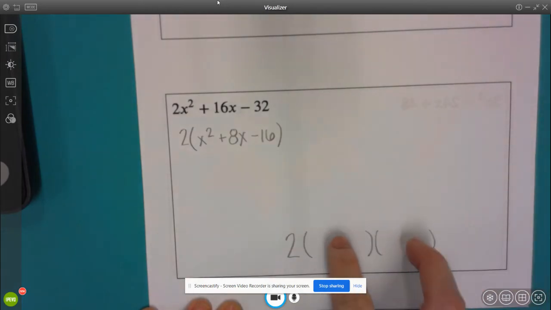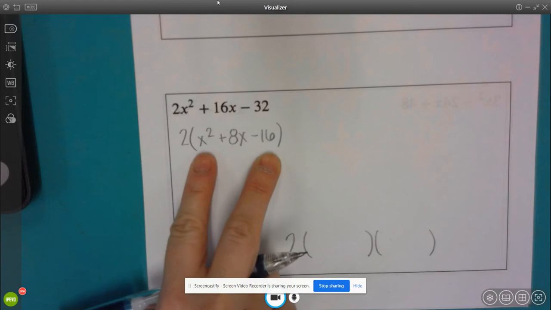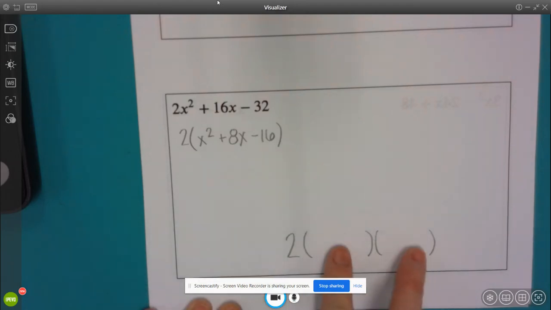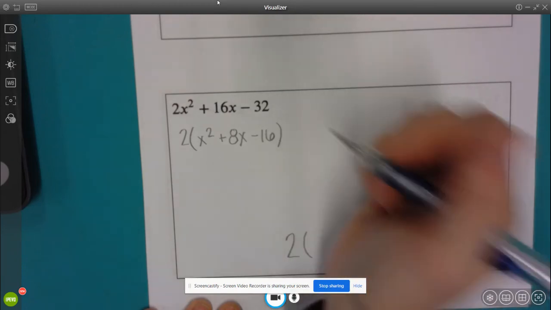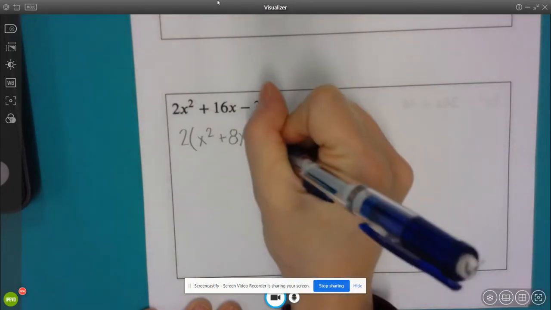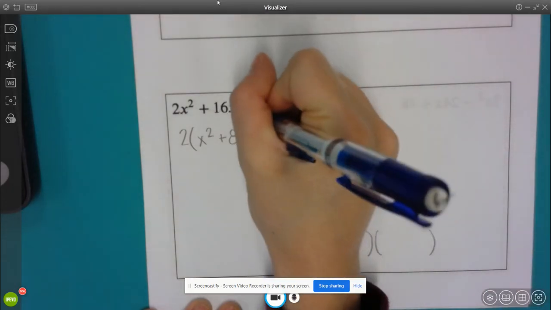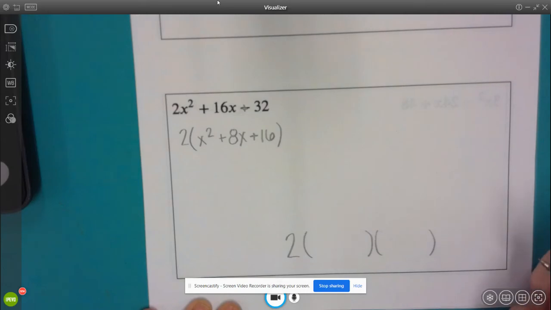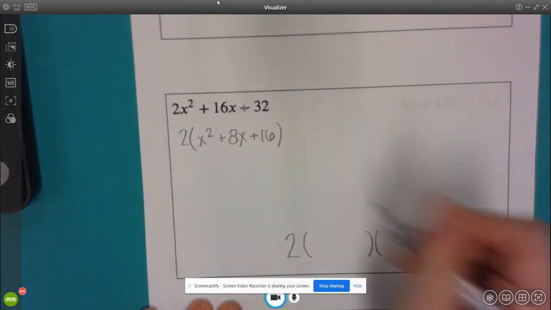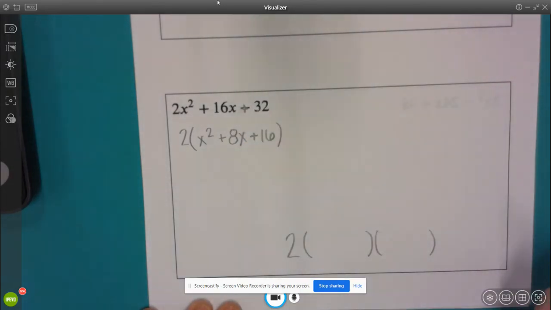And now our goal is to figure out how to break down x squared plus 8x minus 16 to get these two values here. This needs to be a plus. So sorry, make that a plus. My bad. It won't work the other way.